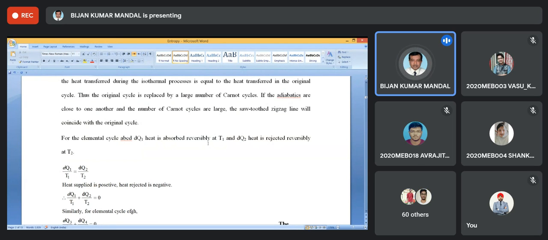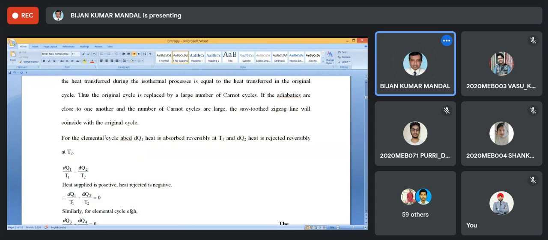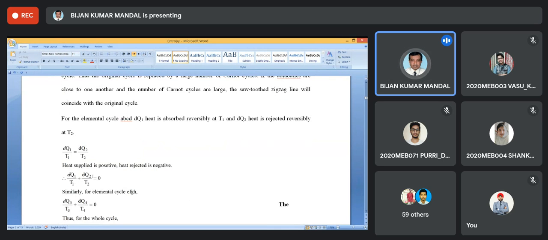Therefore, for a Carnot or reversible cycle, we have the relation dQ1 by T1 is equal to dQ2 by T2, with heat supplied taken as positive. Then we can write dQ1 by T1 plus dQ2 by T2 is equal to 0.